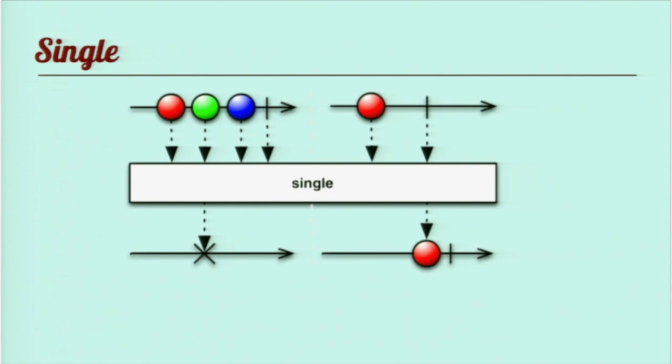What you could do is, before blocking, use operators like take 5 or skip 5 to say, okay, I have an infinite source, but I'm only interested in that many elements, and then I will block and wait for that many elements to arrive.